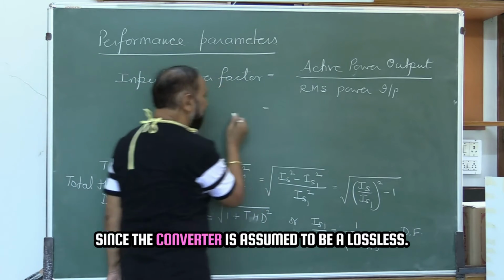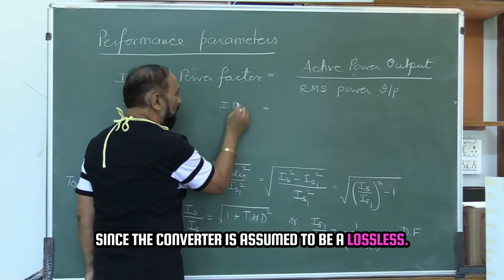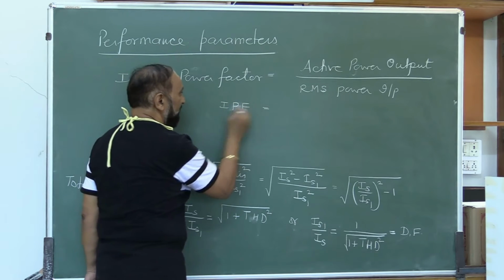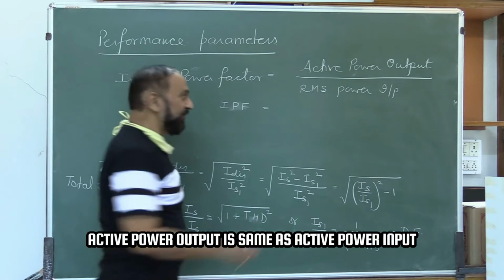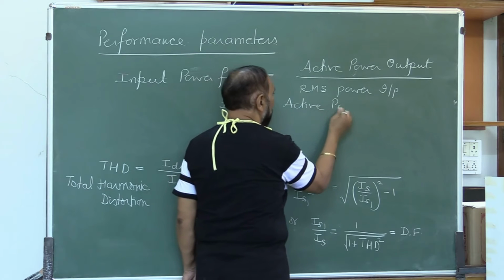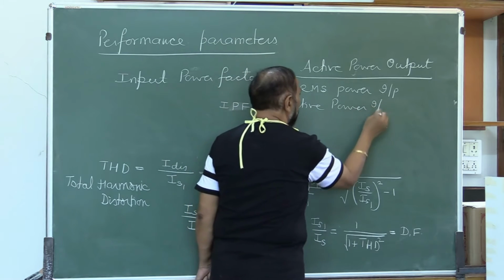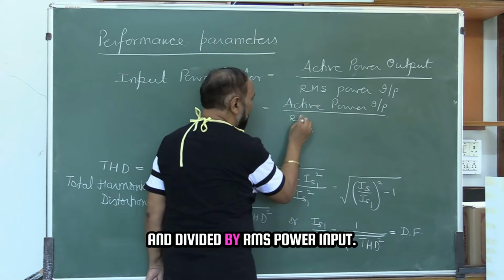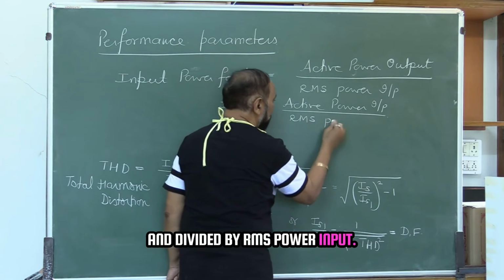Since the converter is assumed to be lossless, active power output is the same as active power input, divided by RMS power input.